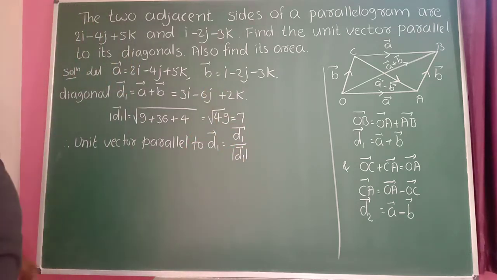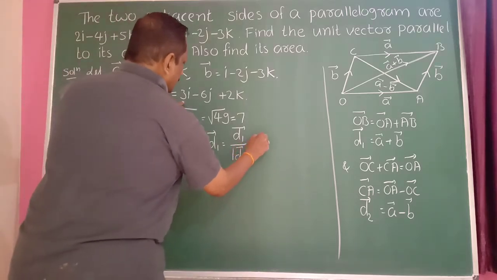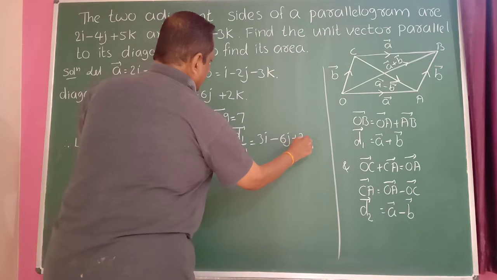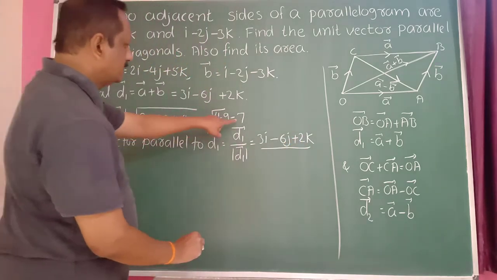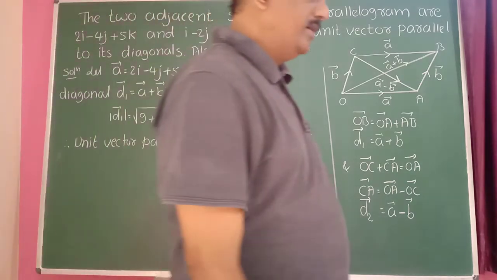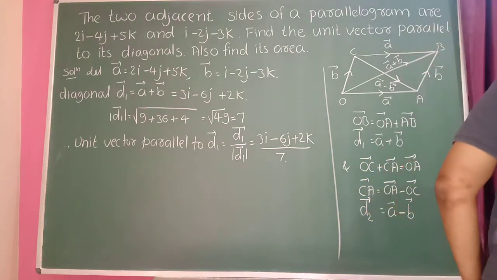This is the unit vector formula. D1 is this vector, so 3i minus 6j plus 2k divided by 7, since modulus of D1 is 7. This is the answer, a unit vector along the first diagonal.